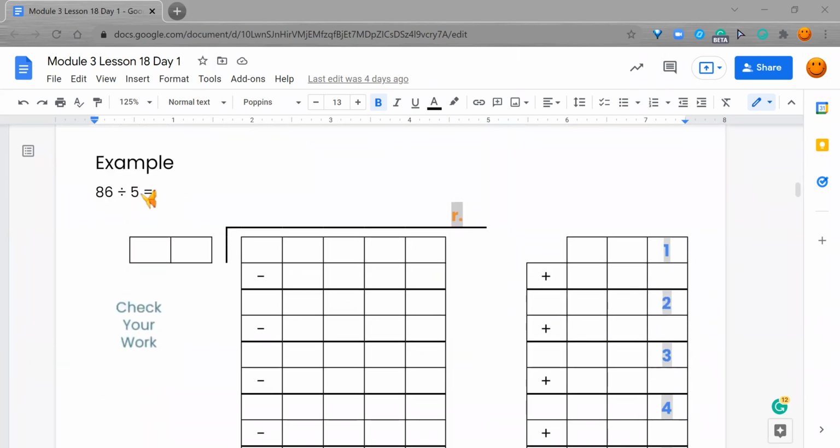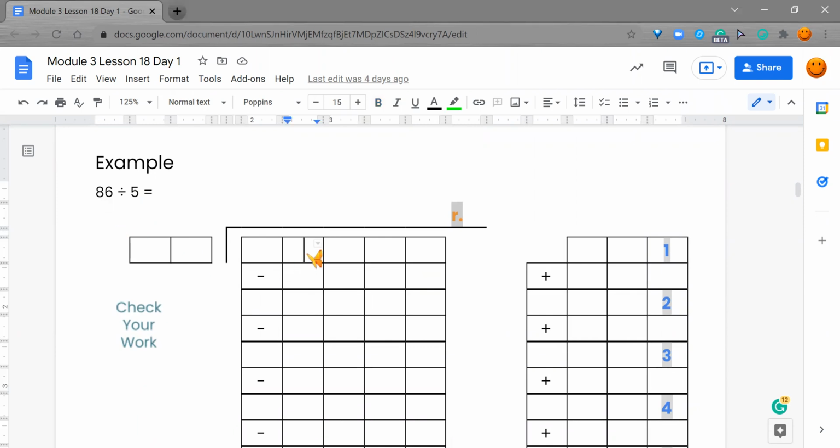I have 86 divided by 5. So I have the dividend of 86, and it's divided by a divisor of 5. What do I do next, you guys? Yes, repeated addition.